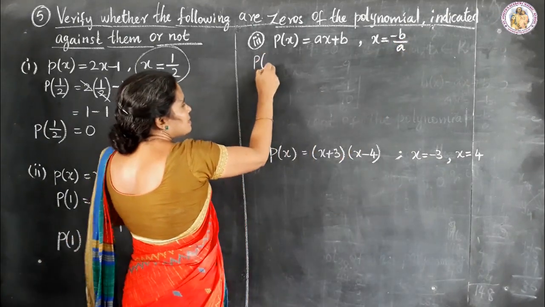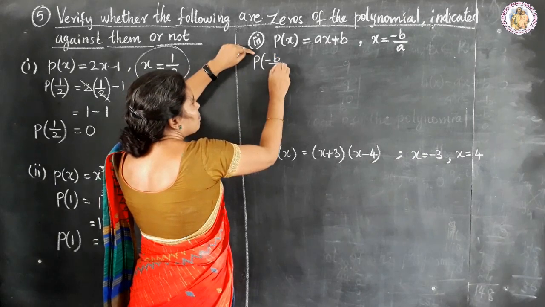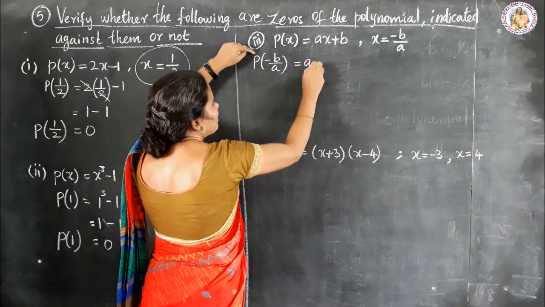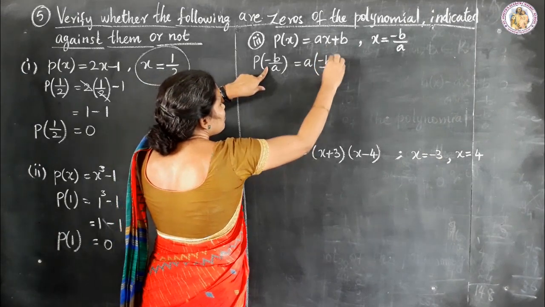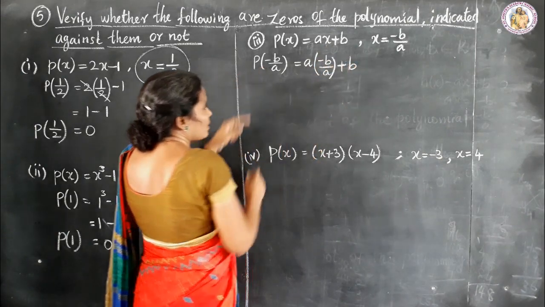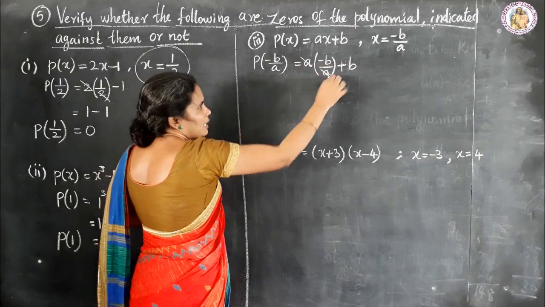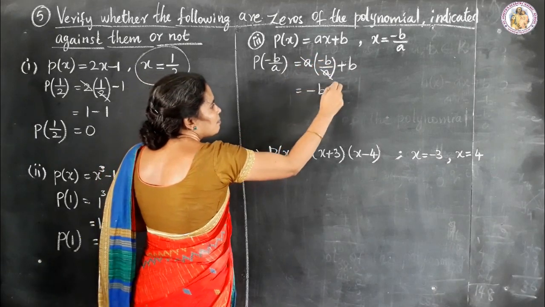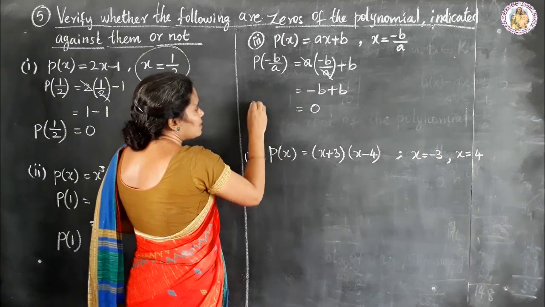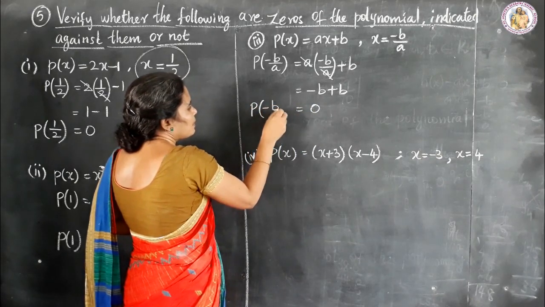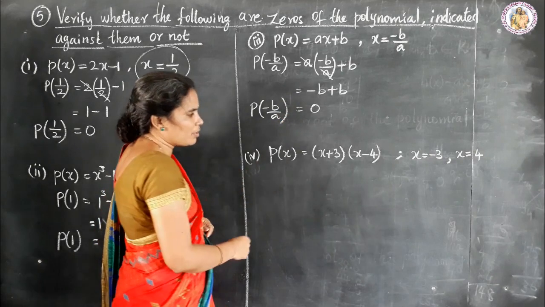So p of minus b by a is equal to a, in the place of x apply minus b by a, plus b. Okay, now a cancel. Minus b plus b is equal to 0. So p of minus b by a is a zero of the polynomial.